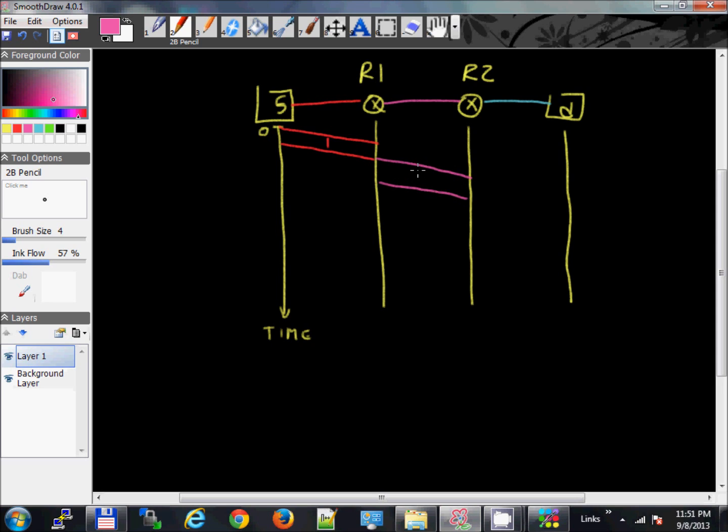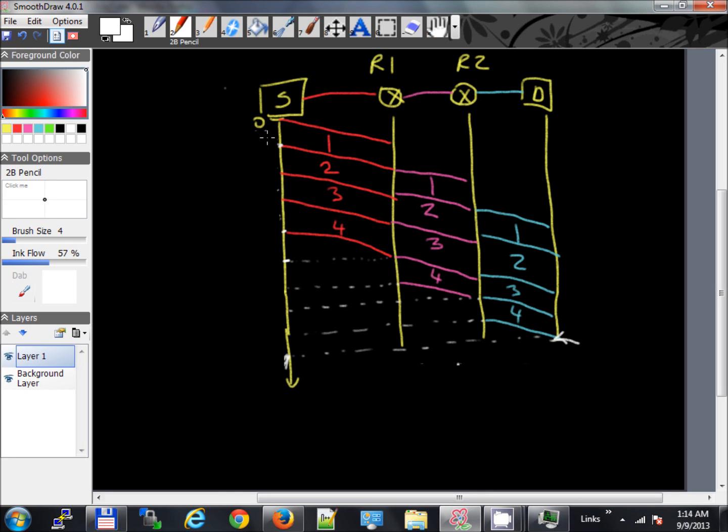So packet 1 will be transmitted on this pink link only after it's completely received by router 1, and so on. The same thing will happen on router 2. Once packet 1 is received, it will be forwarded to the destination, and so on. So I will complete this diagram. This is packet 2, 3.